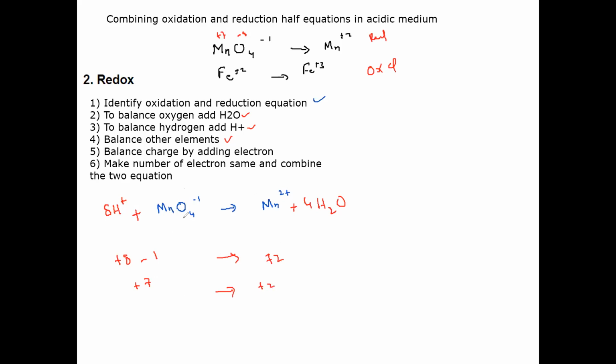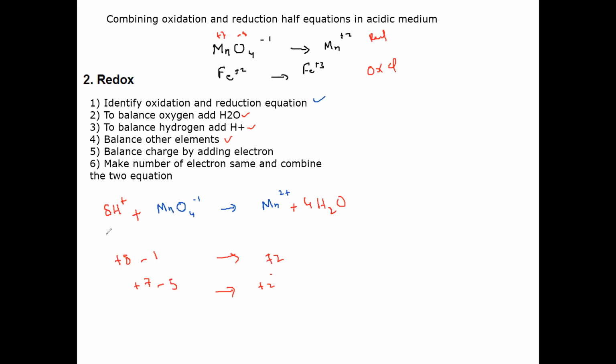Now, we have to balance the charge, so both sides should have the same charge. If the left hand side is +7, the right hand side should also be +7, or if the right hand side is +2, the left hand side should be +2. But we have to balance the charge by adding electrons. So which side should I add electrons? Because an electron is negative. Basically, how can I get +2? If +7 -5, what will I get?